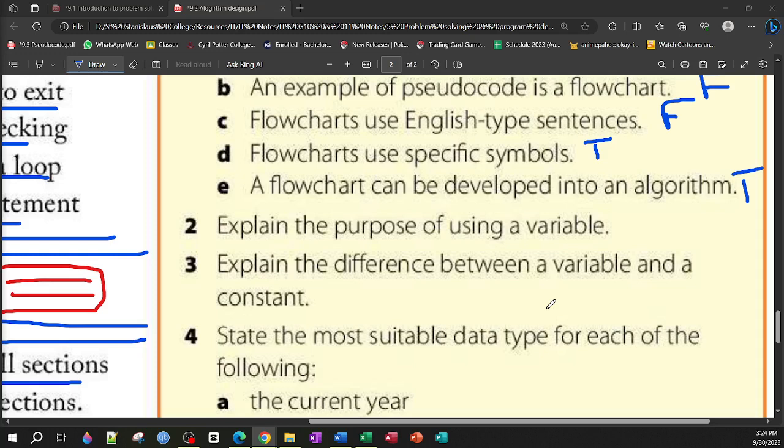Not even the example I use. What was the example I use? Sir, the constant would be the VAT and the variable would be the items in the store. Very good. So the value that you do not want to change, the VAT, the discount, and the value that does change, which is the different prices of items.